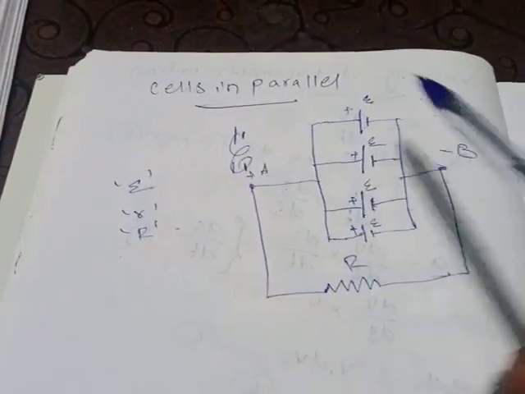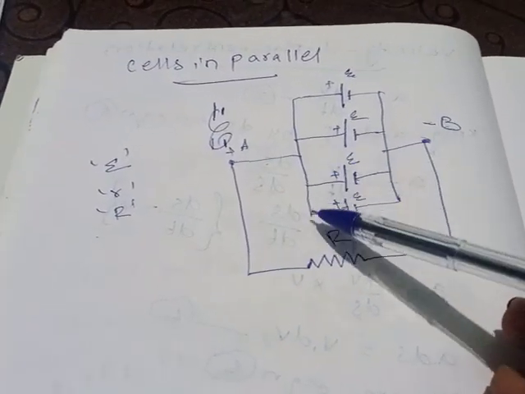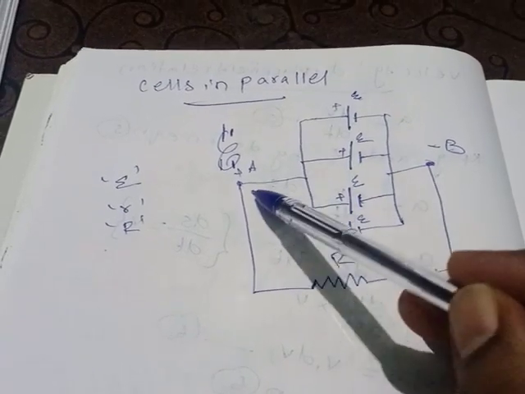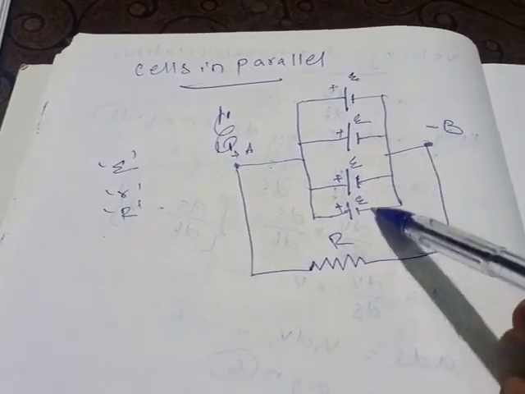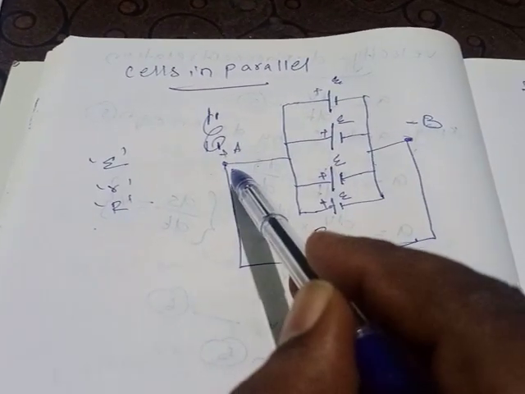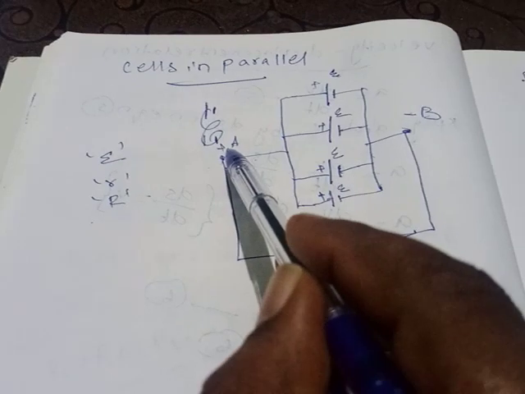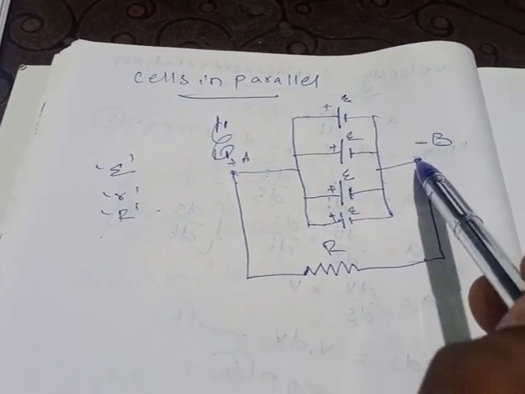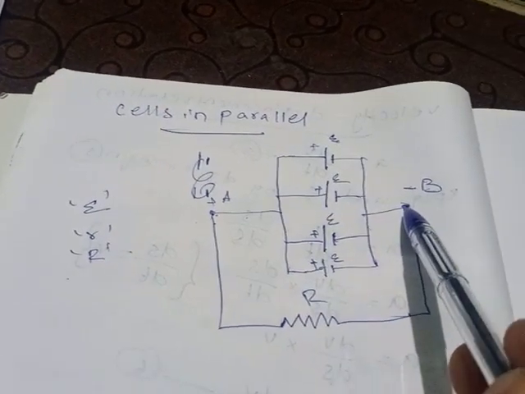So you know the connections in the parallel connection: all the positive terminals are connected at one point and all the negative terminals are connected at another point, forming the positive and negative terminal of the battery.